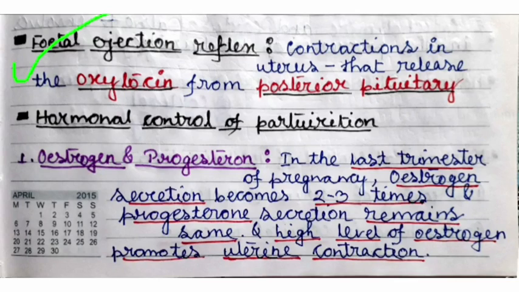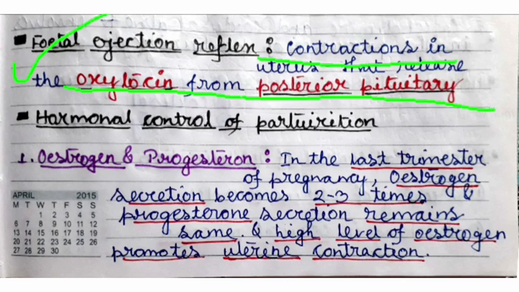It stimulates the fetus to eject from the maternal body, and it causes mild contraction of the uterus, which stimulates the secretion of oxytocin from the posterior pituitary. So there is a positive feedback mechanism.